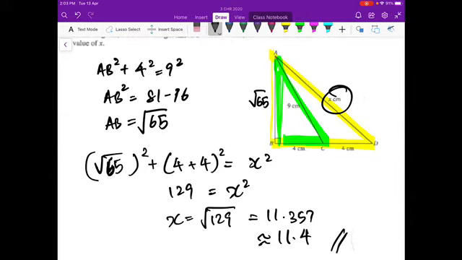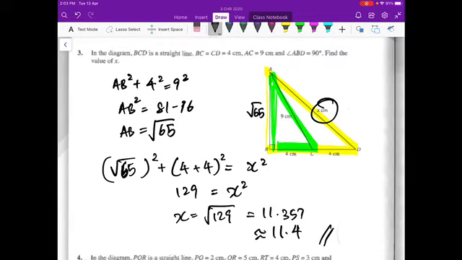So, to find the value of x, we need to consider the yellow right angle triangle. The yellow right angle triangle is missing the length of AB. Therefore, to find the length of AB, we need to consider the green triangle, which is another right angle triangle. They gave us a hypotenuse of 9 and a side of 4.